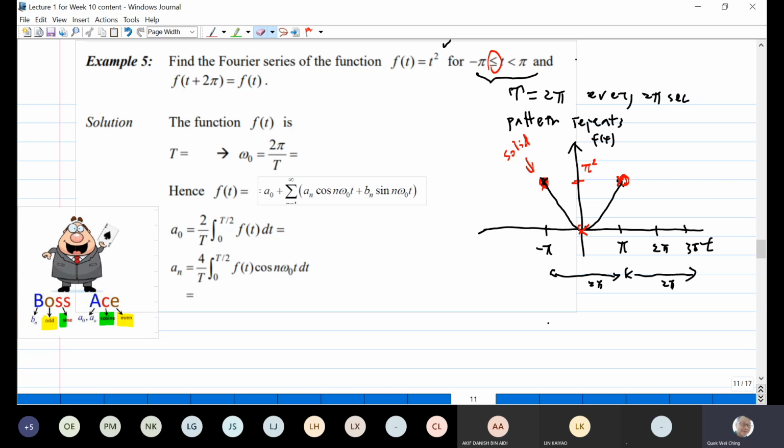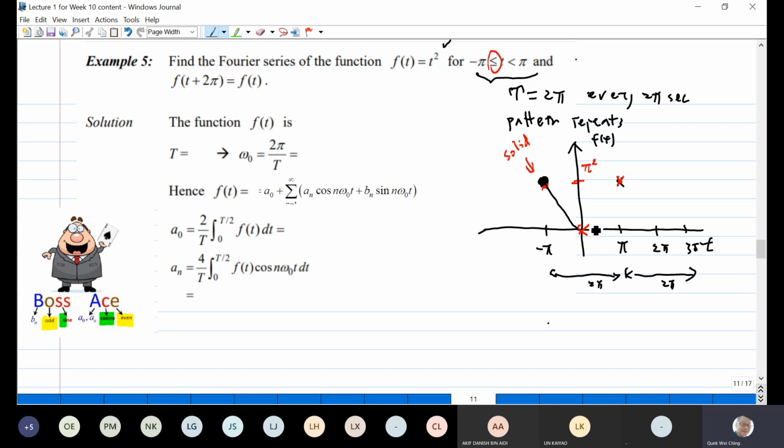So now what you do is repeat this pattern every 2 pi. When you repeat this pattern, this solid circle becomes here, so it becomes solid again. And this open circle moves to the other side, still an open circle.